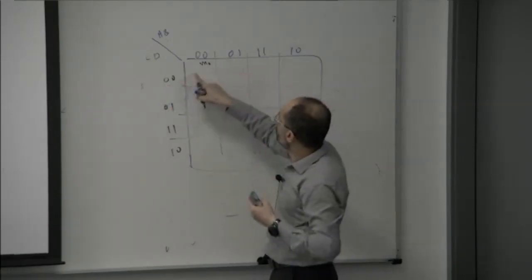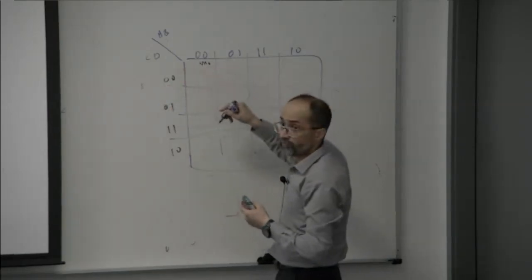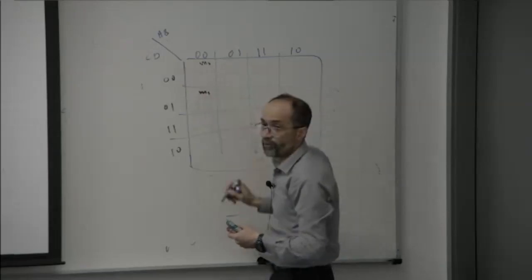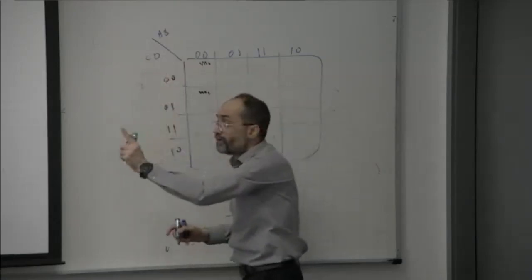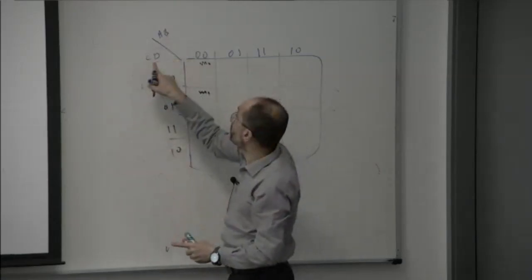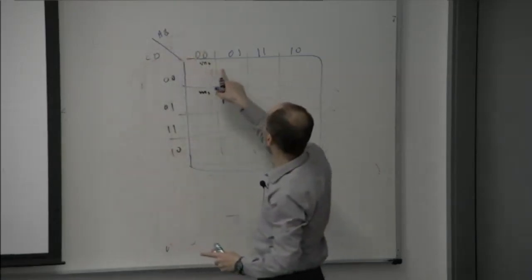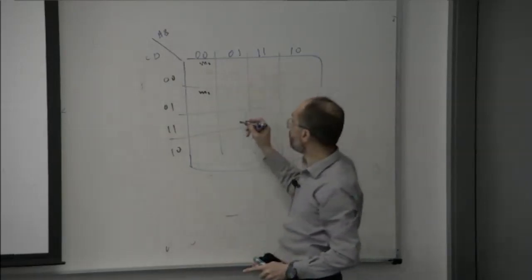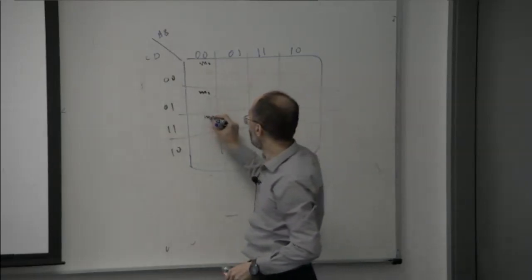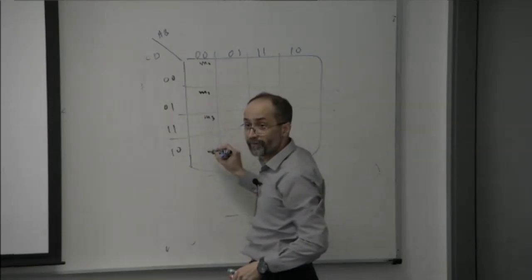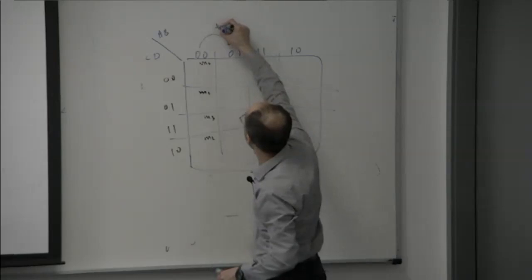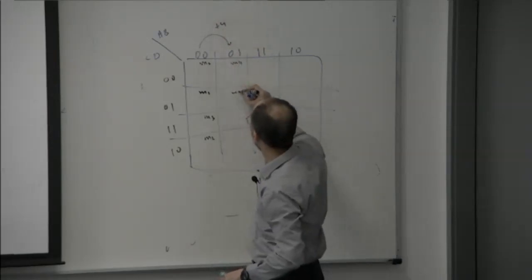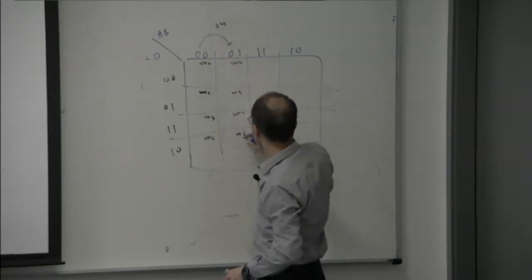Now M1 starts from here, because AB is here. In the previous example we did AB and CD, then 0 1 3 2, remember? Then it becomes M1, M3, 0 1 3 2. Then we add 4: 4, 5, 7, 6.